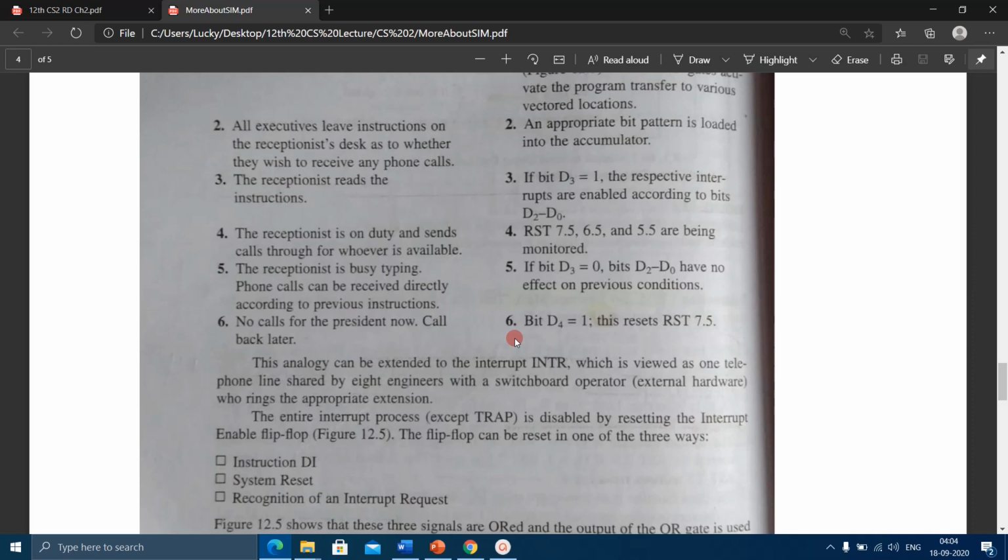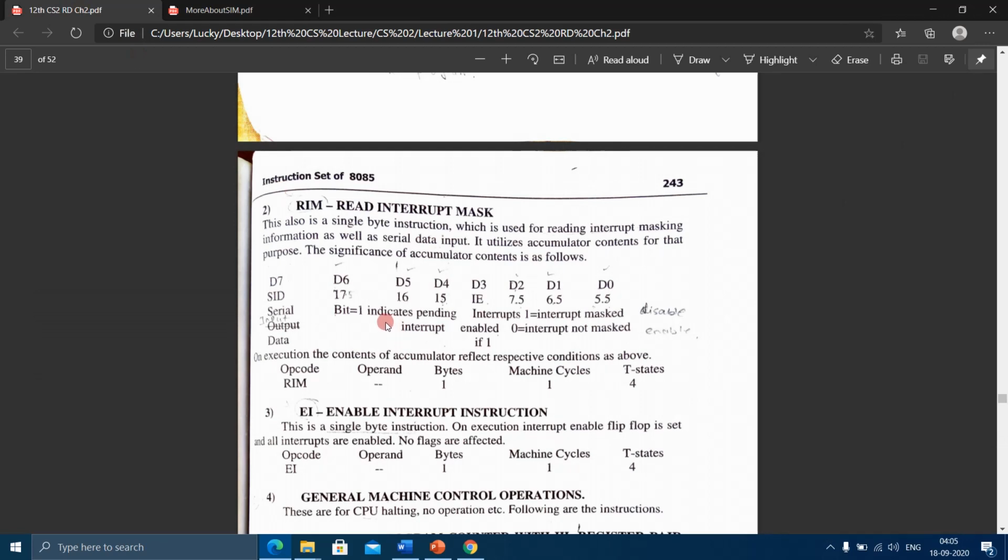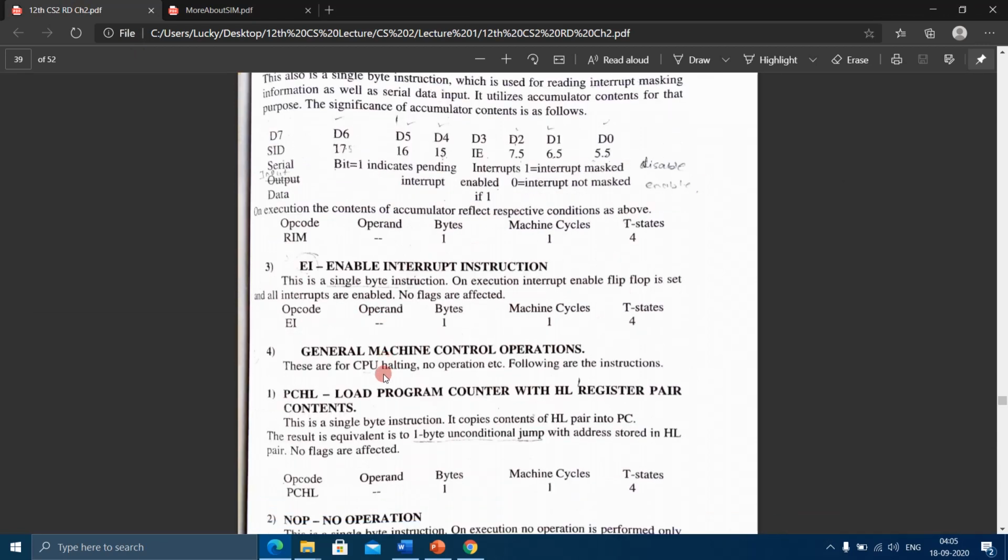So to reset it, to ignore it, this bit will be reset, or this bit will become 0 using the SIM instruction. Okay, so I hope the concept is clear to you, the RIM and SIM instruction concept. We are done with RIM and SIM instructions.